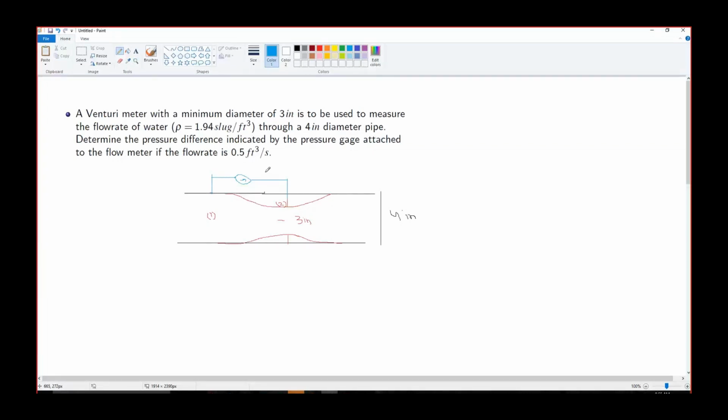The question is asking what the pressure gauge reading is if the flow rate you measured is 0.5 feet cube per second, that is Q is equal to A2 square root of 2 times (P1 minus P2) divided by rho times (1 minus (A2 by A1) square).